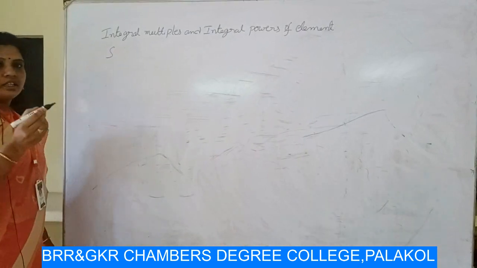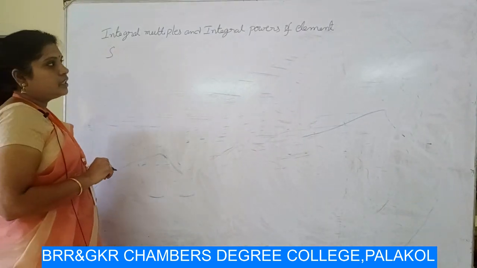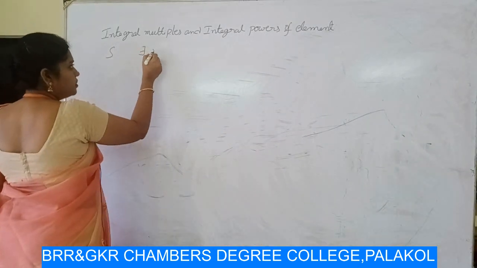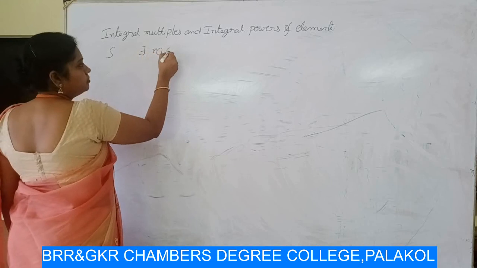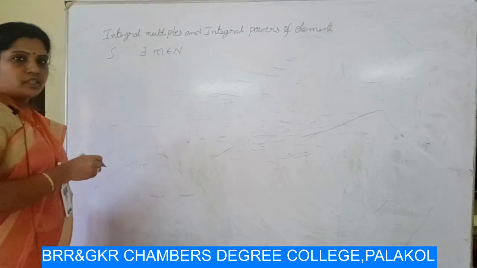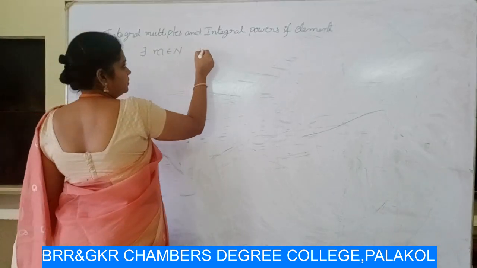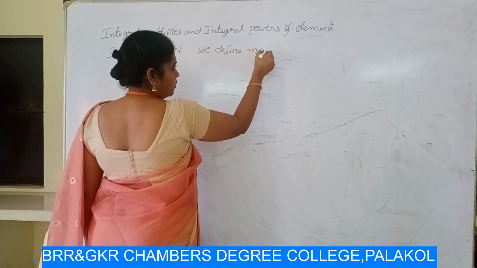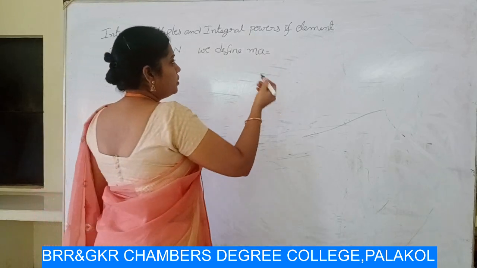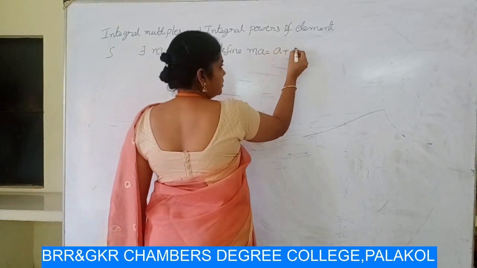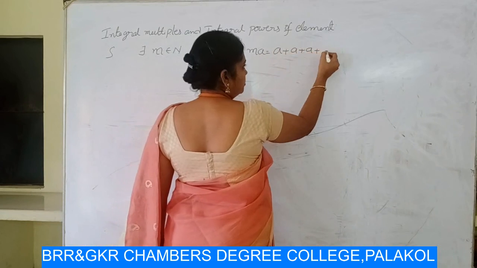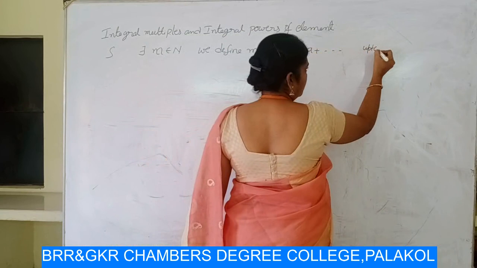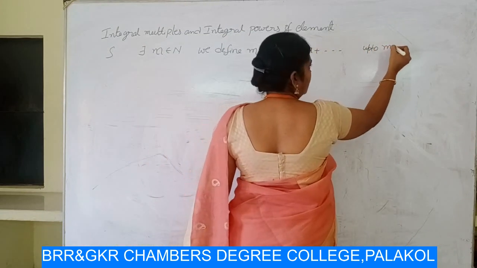Suppose R is a ring with unity element, and there exists a positive integer m, that belongs to N, such that we define ma equal to a plus, up to m terms, that is, we add a up to m terms.